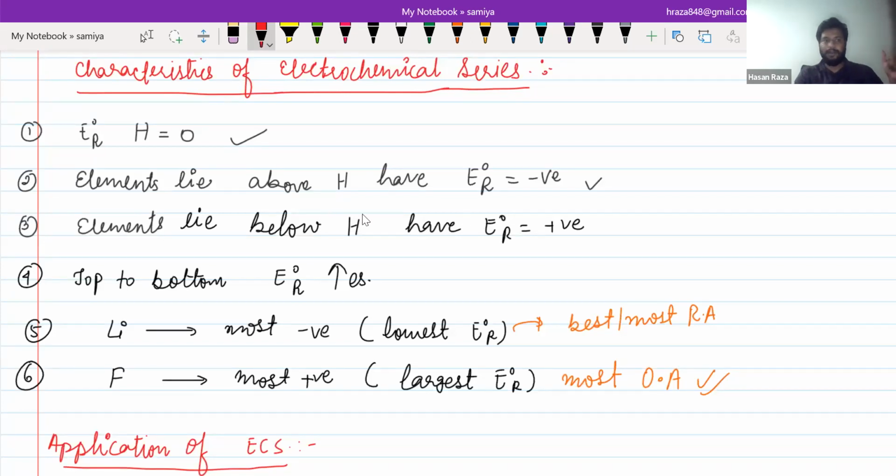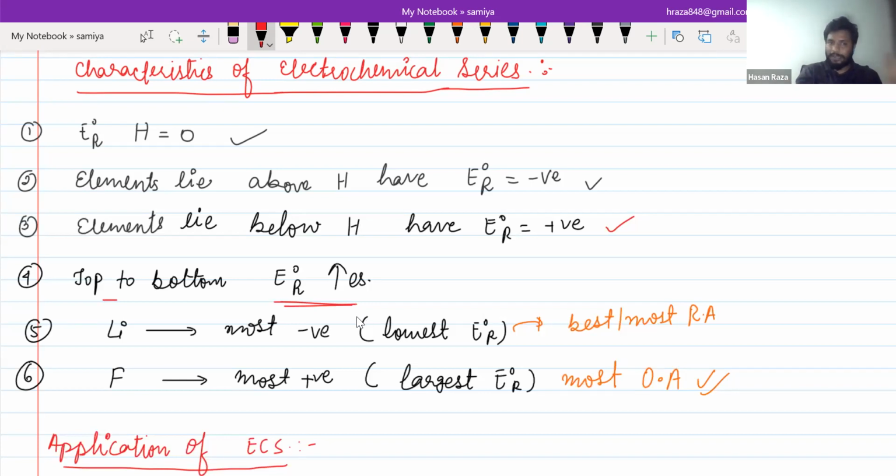Are you getting my point, everyone? Elements that lie below hydrogen according to my series are positive, but in NCERT it is opposite. Also, top to bottom, E naught R increases, because we go from negative to zero, then positive.